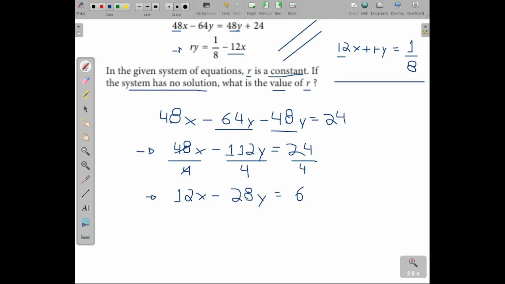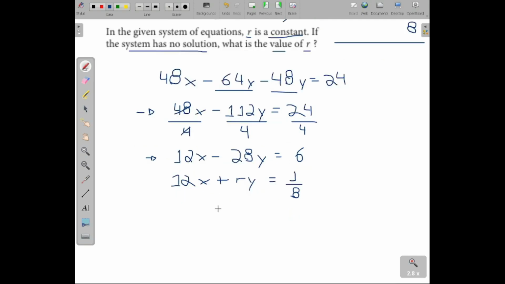So we have this final equation, and let's compare it with the second equation. 12x plus r times y is equal to 1 divided by 8. Now we can see the coefficients. 12 is equal to 12.